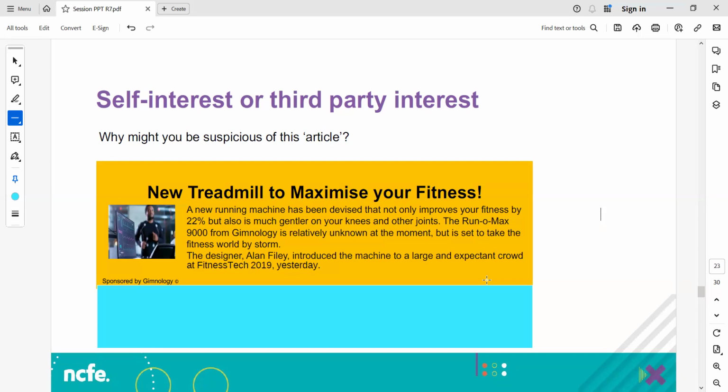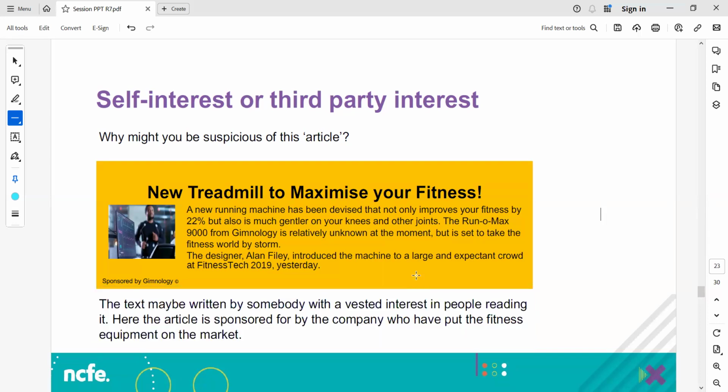So if someone writes about their own product or sponsors an article in a magazine or newspaper, then it's going to be positive. They aren't going to pay money for a balanced article that might also say some negative things. So we need to treat that with caution and not believe everything that it says. Okay.